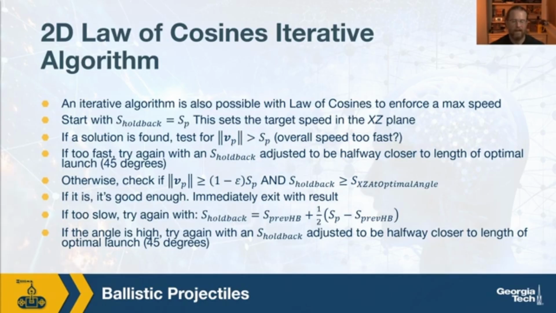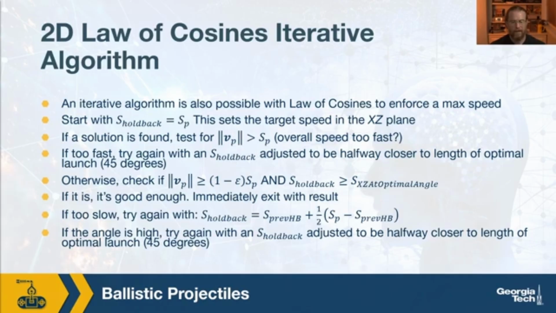But we also want to make sure that we're not wasting energy in the vertical. So we're checking to see if the S holdback that was last used, because this might actually be several iterations in, is greater than or equal to the xz that would be at the optimal angle, meaning optimal for distance, a 45-degree angle throw.